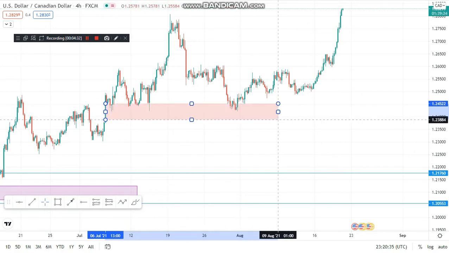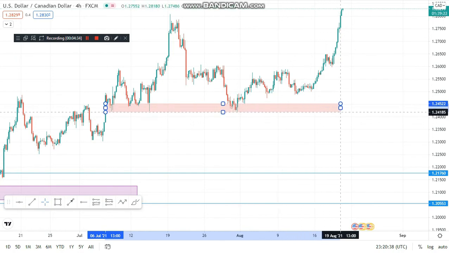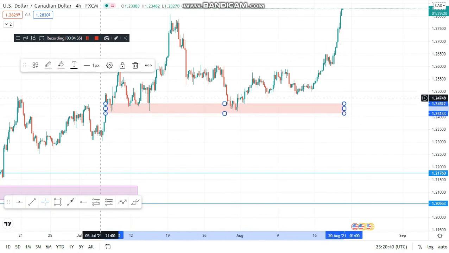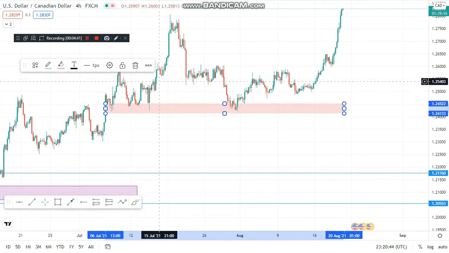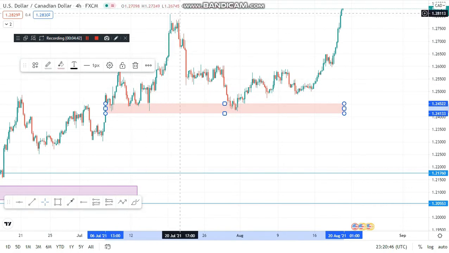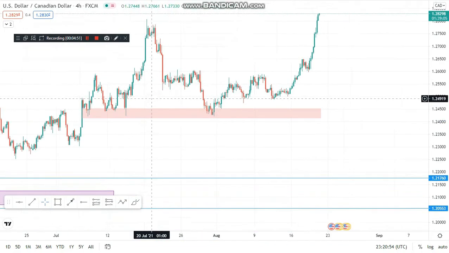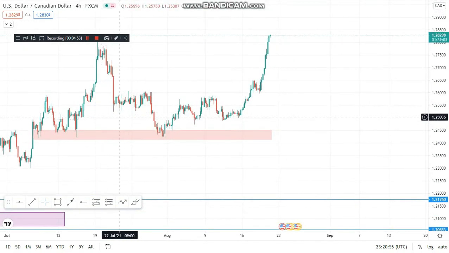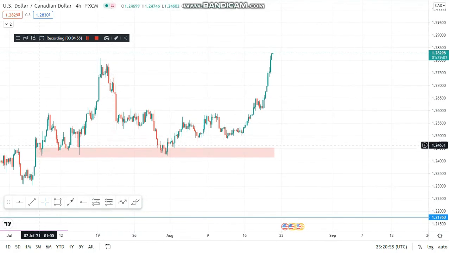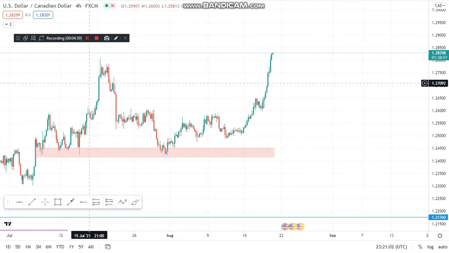So you cannot extend it. You can see how the market came here and reacted, came down again, reacting there, and went all the way up. After that, it came down again to respect this particular zone. So that is to say that support and resistance zones are very strong zones. Whenever you see them, it always applies, as long as you spot them correctly.